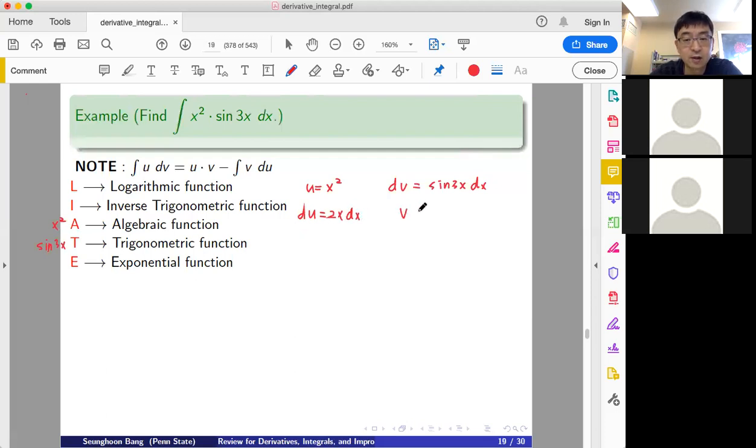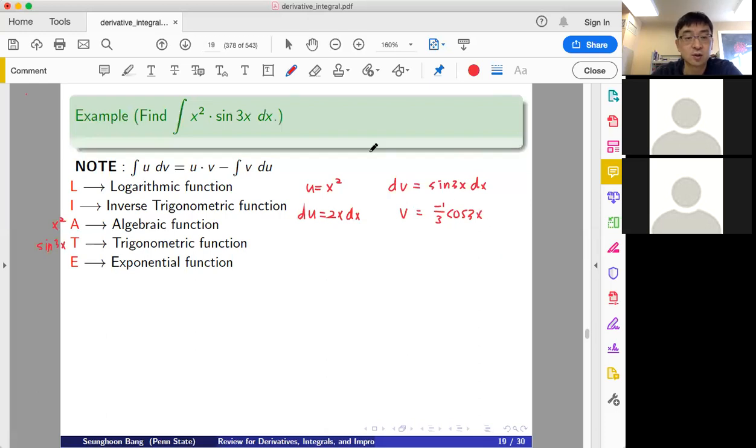What's v? v is the integral of sine 3x dx, which is exactly the same as negative 1/3 cosine 3x.